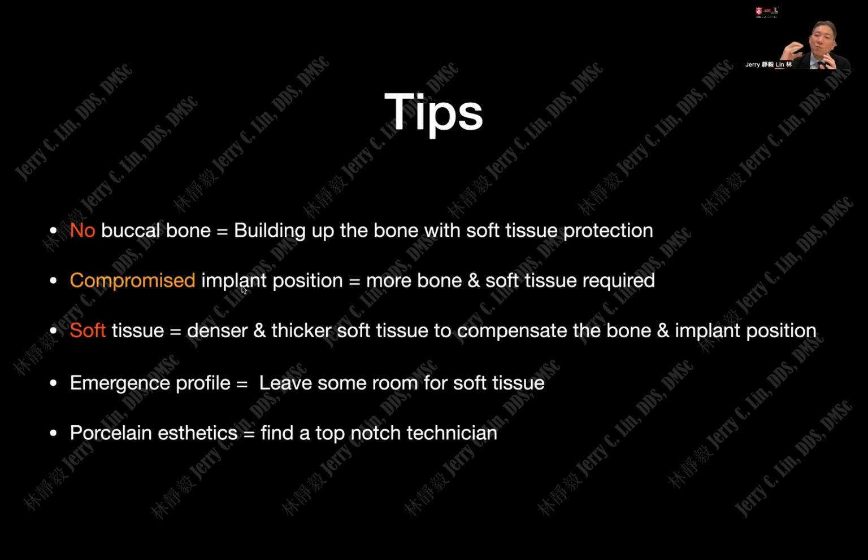At the same time, we need more bone and more soft tissue to compensate for this implant position issue. Dense and thicker soft tissue is always good for this scenario. And for the emergence profile, we need some room for soft tissue and good porcelain lab work for this aesthetics.